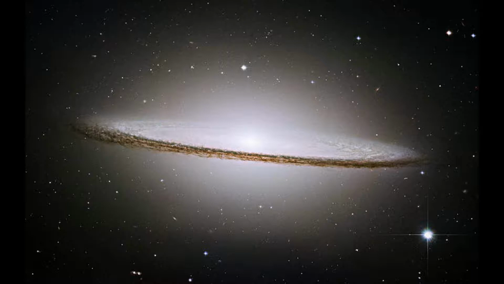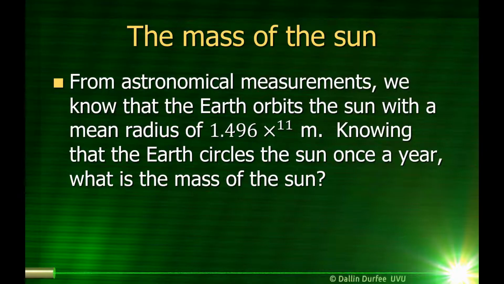And then people looking at how galaxies moved, using Newton's law of universal gravitation, were able to figure out that there was mass that we couldn't see in these galaxies holding everything together. And we ended up coming up with the theories of dark matter and dark energy and all kinds of crazy stuff, all based in Newton's cool law.